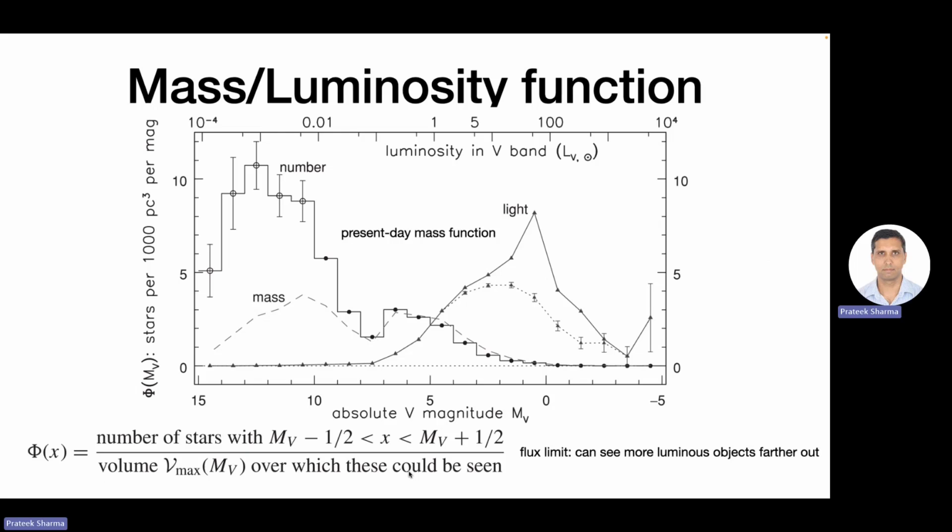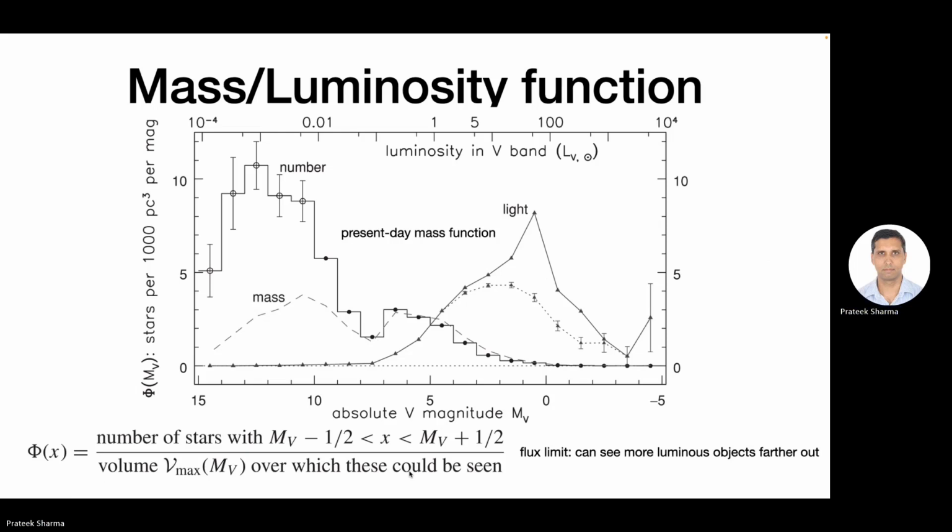Since you know the luminosity and you know how sensitive your telescope is, you know the distance out to which you can see an O star or an A star, right? You can see an O star much farther out compared to, say, an M star, right?